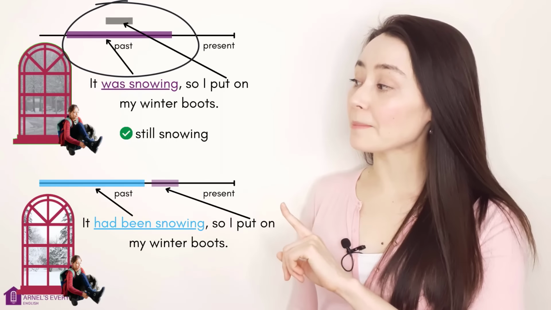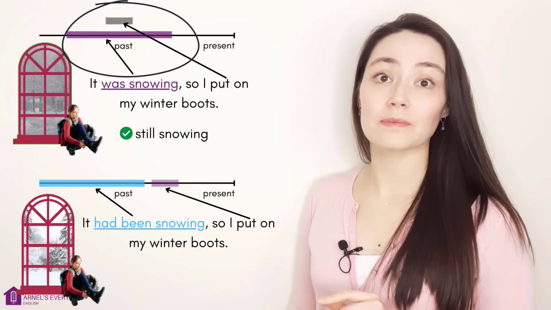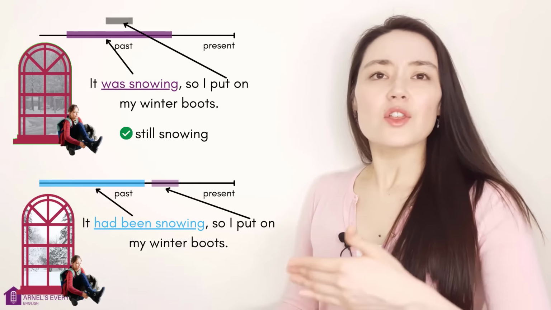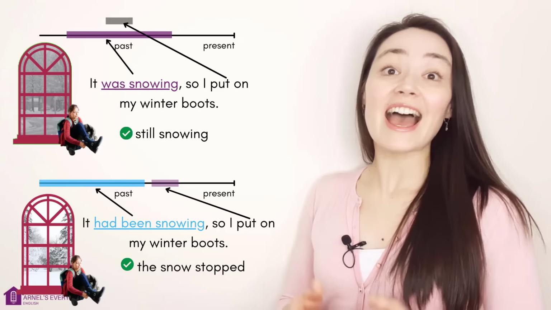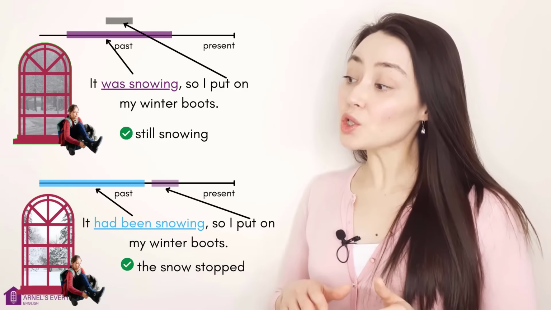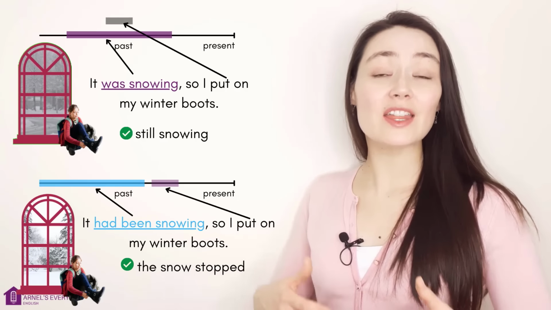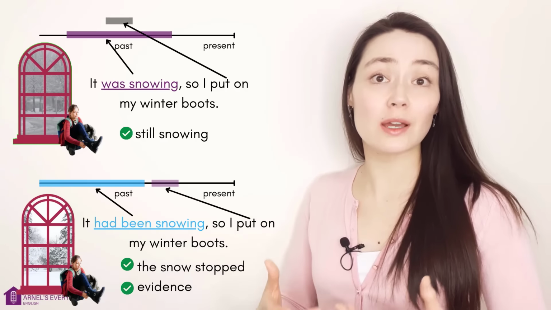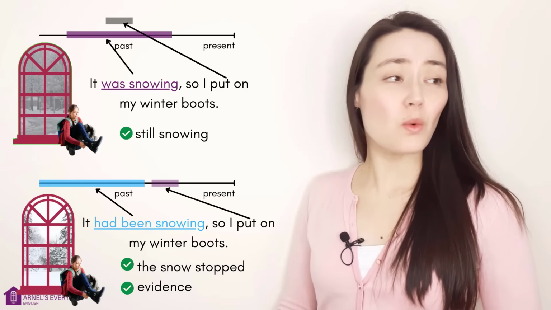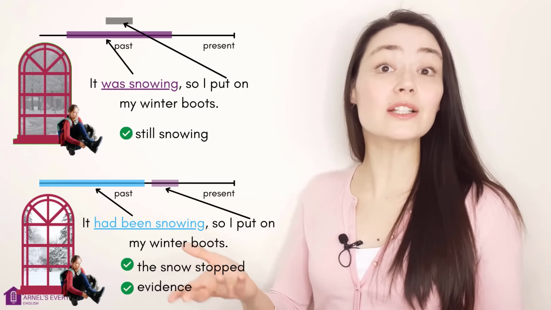The actions are happening at the same time. In the second example, the snowing stopped, and then I put on my winter boots. Usually with the past perfect continuous, there is evidence of that finished past action. What's the evidence here? Well, the ground is covered in snow.